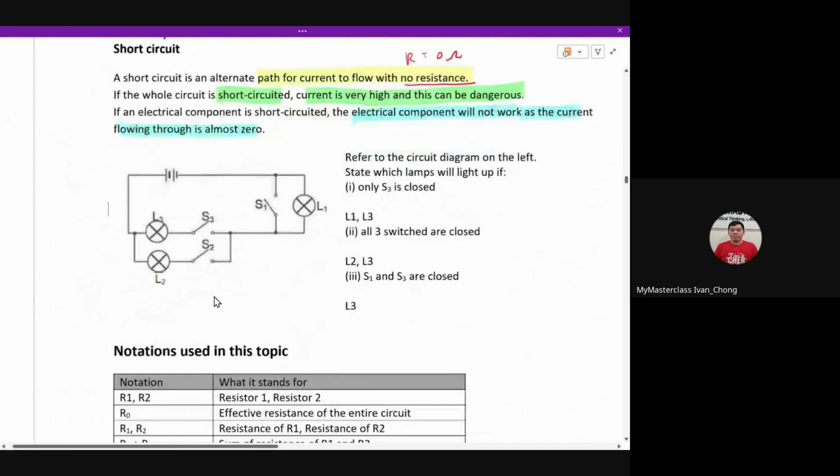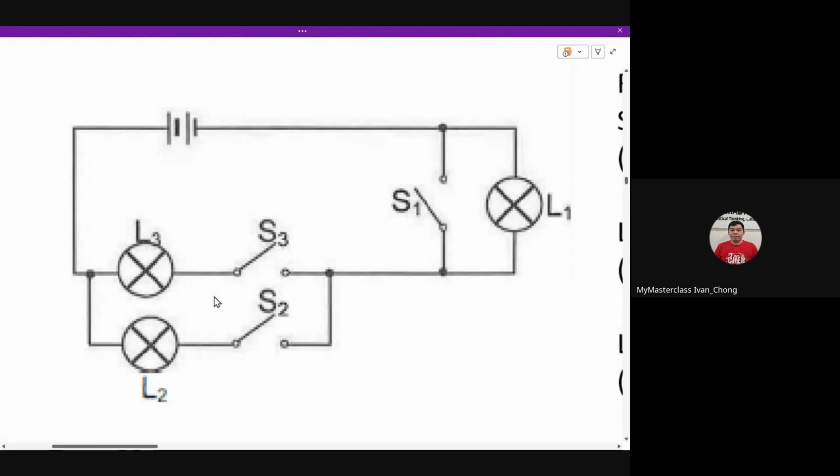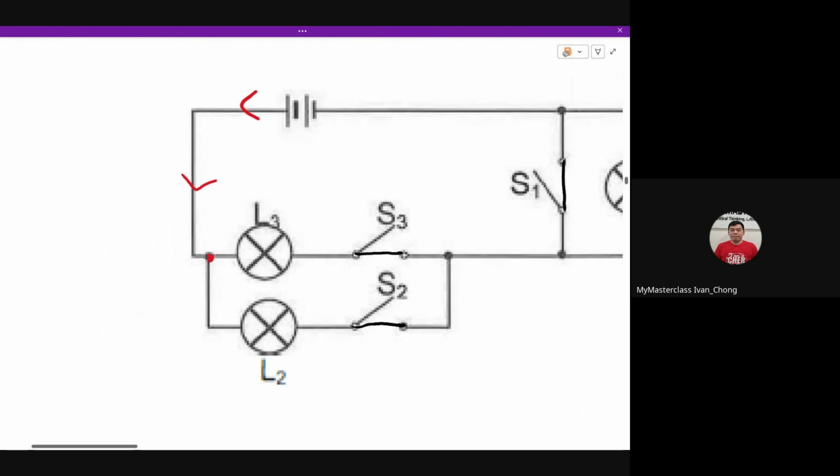So for example, let's close all the switches. Okay, I'm going to close all the switches. Close the switch, close the switch, close the switch. So first things first, current will flow like this, and you see this black dot itself. Now, usually when you see this black dot, this is a sign that it might be parallel.